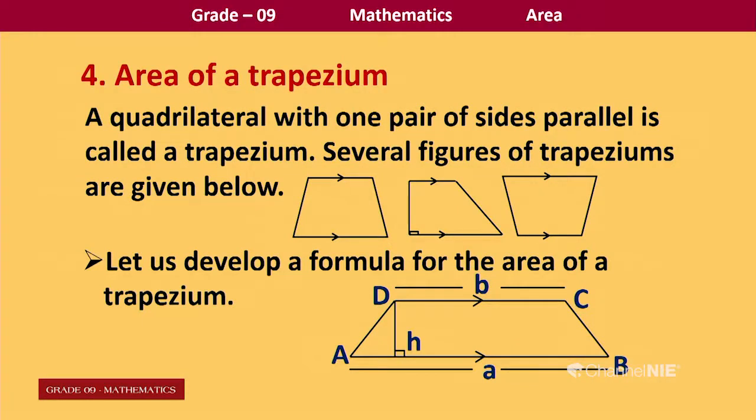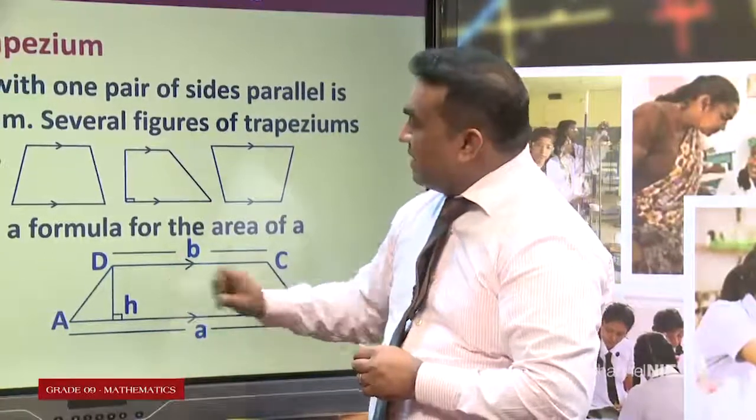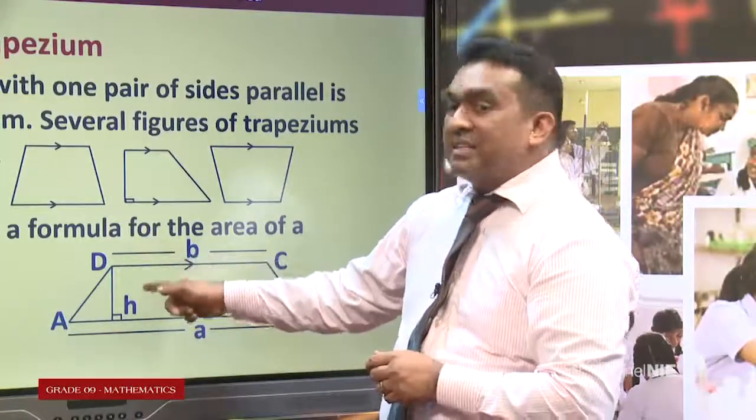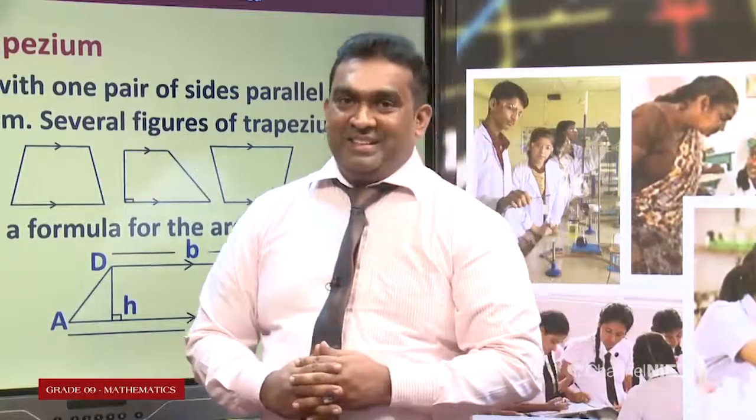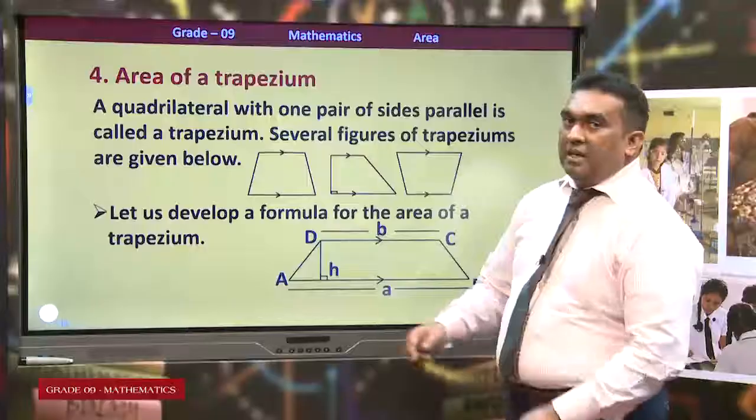You can see that AB is larger than CD. The length of AB is simply a, DC is simply b. The gap or distance between these parallel lines is h. This h is considered as the perpendicular height.